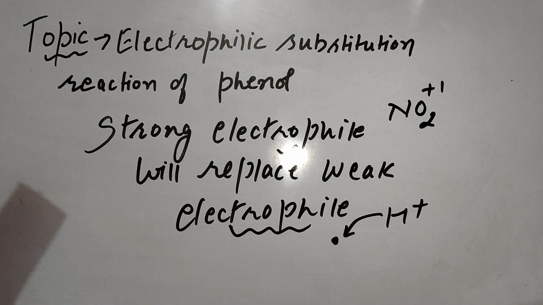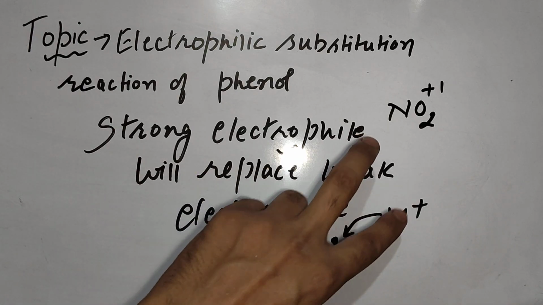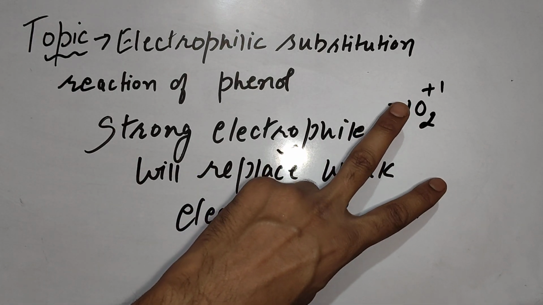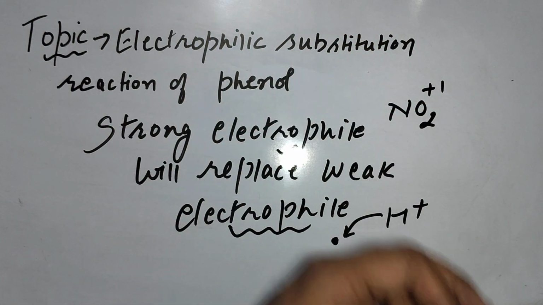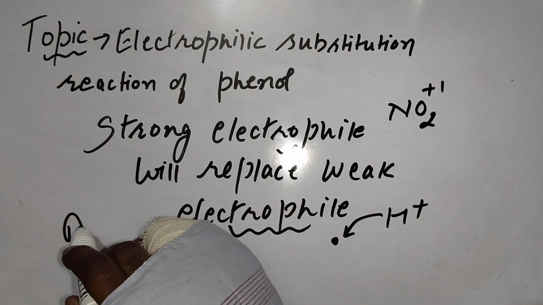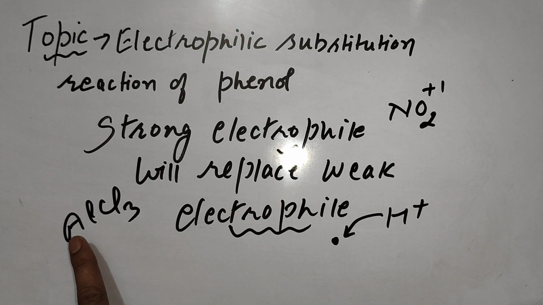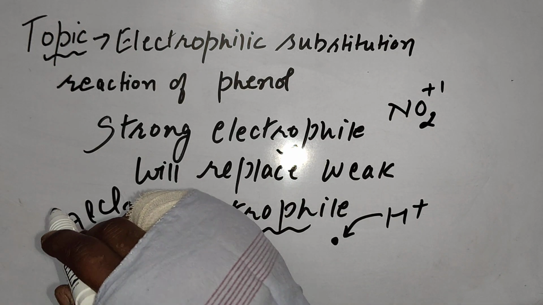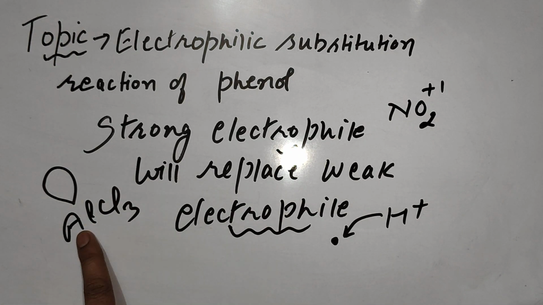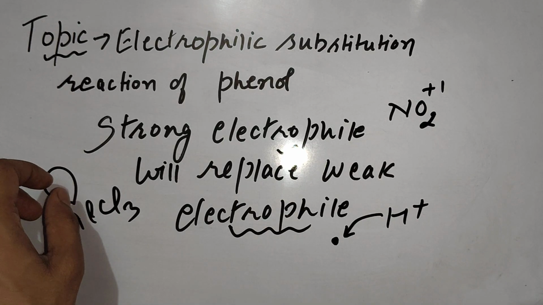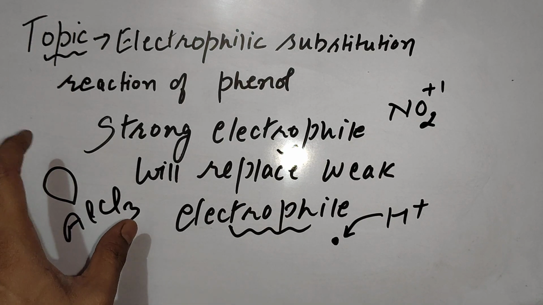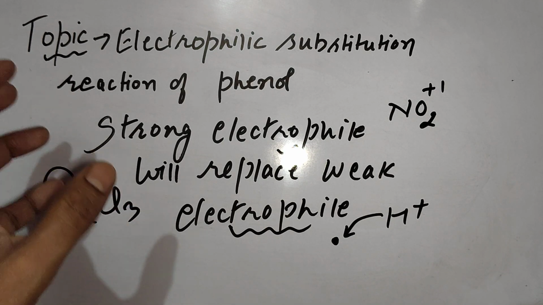In 11th class they were present. Please check. There are two types: positive electrophiles and also neutral electrophiles, like AlCl3. In neutral electrophiles, the central atom, here the central atom is aluminium, has a vacant orbital. Electrons are not available in the orbital, so this atom has a tendency to gain electrons.